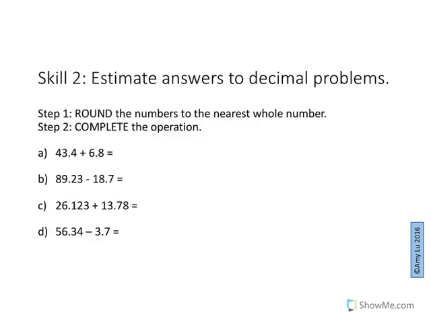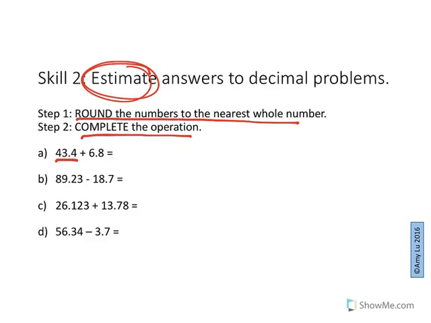So in skill 2, it's about estimating answers to decimal problems, meaning getting the answer based on a very educated guess with rounding. So step 1, round the numbers to the nearest whole number. Then 2, complete the operation. So in A, we have to round 43.4 to the nearest whole number.